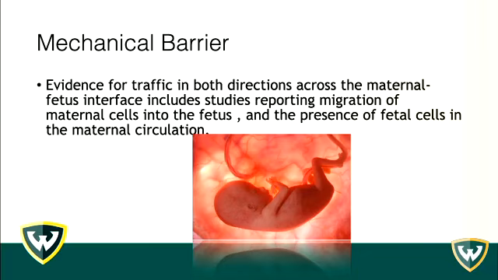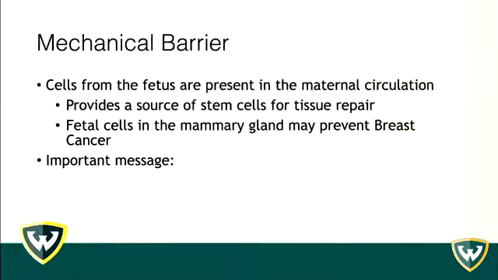On the other hand, cells from the fetus are also present in the maternal circulation. And here is an interesting aspect, because these fetal cells are present in the body of the mother not just at the time of the pregnancy. They will remain for the rest of the mother's life.